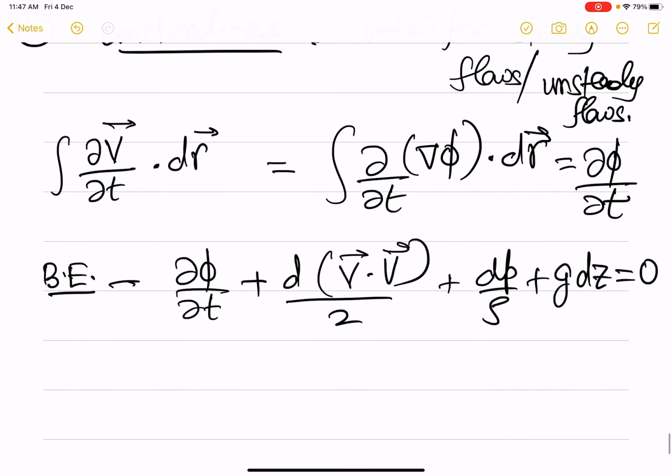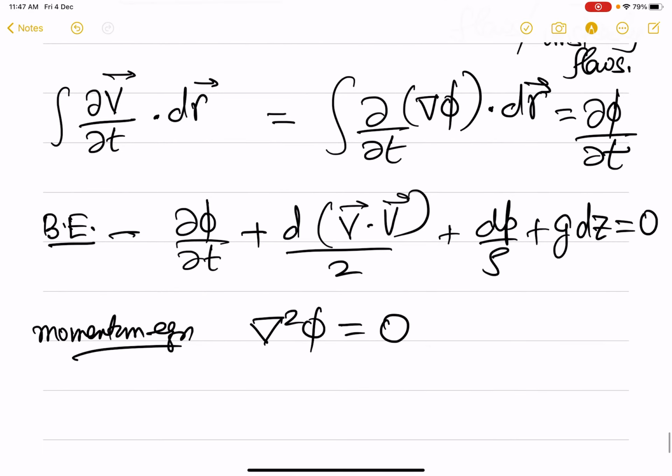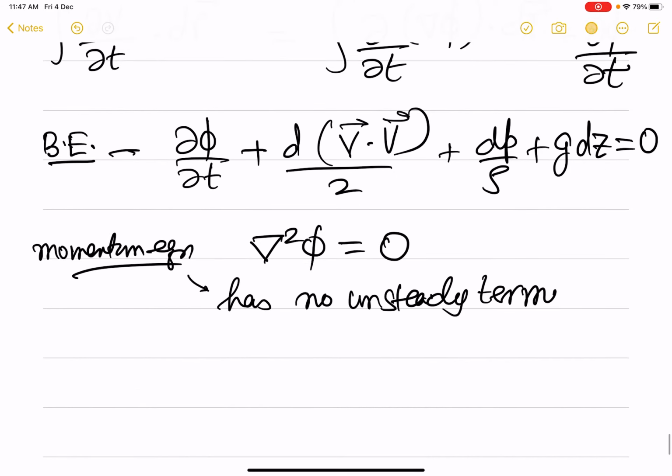Now what about the momentum equation? The momentum equation for this class of flows is nothing but del square phi is equal to 0. That means the momentum equation has no unsteady term. For irrotational, incompressible flows, there is no unsteady term in the momentum equation.